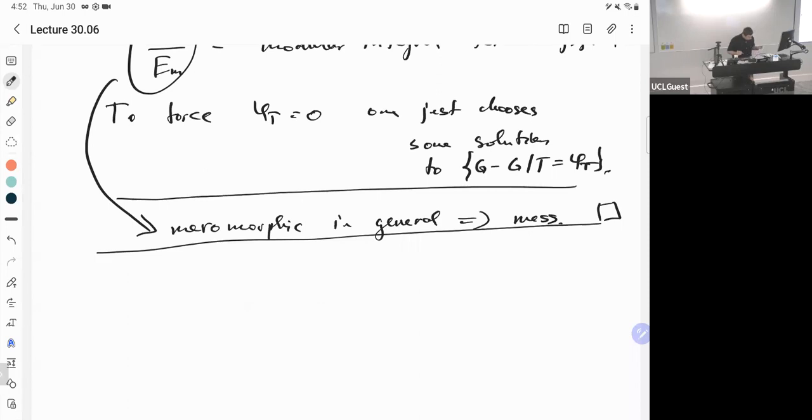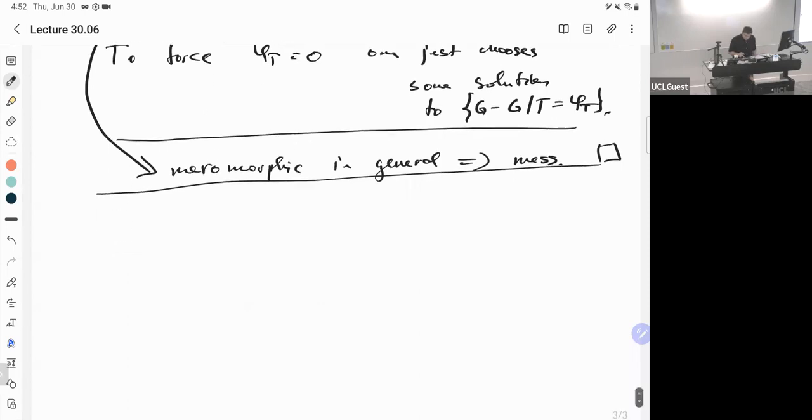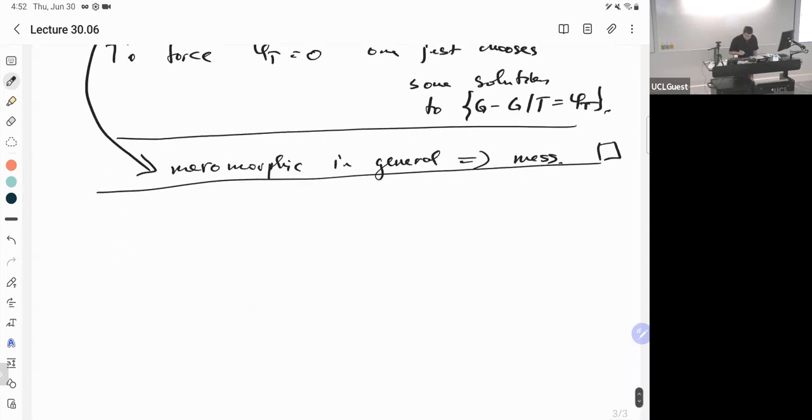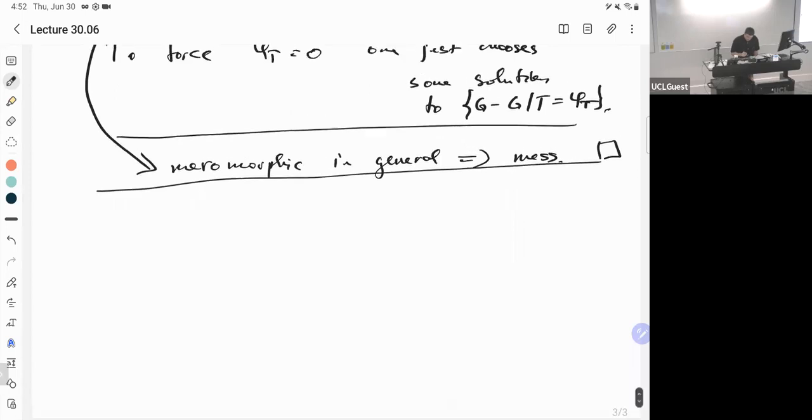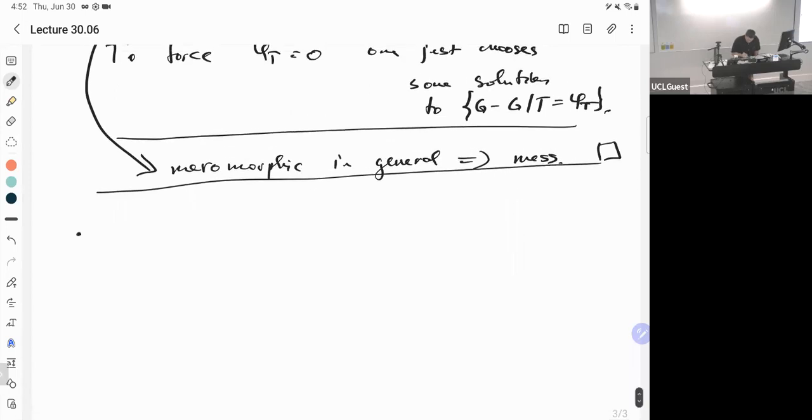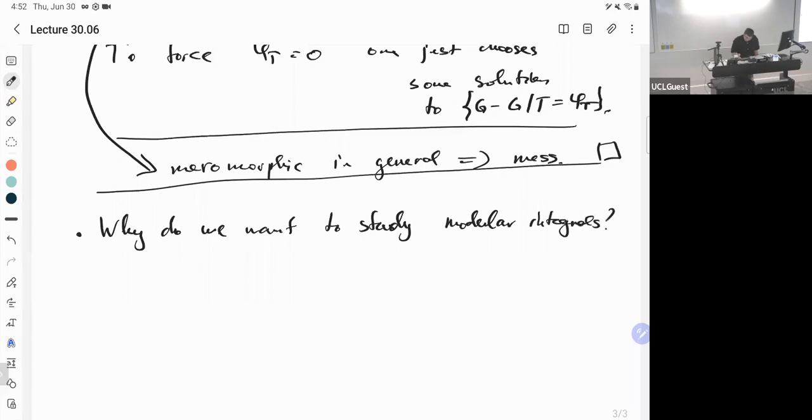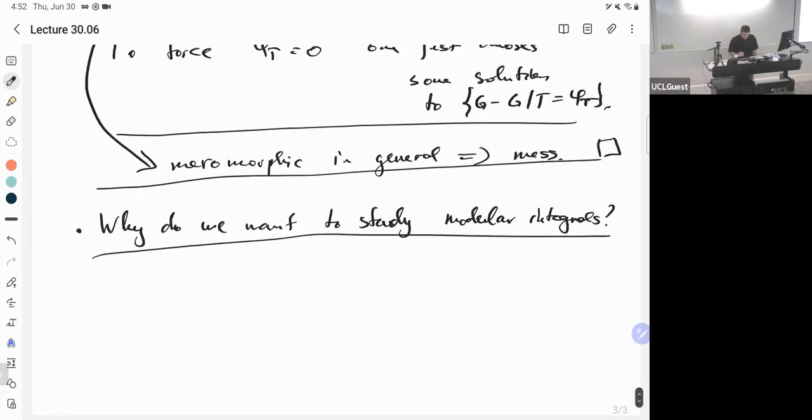And so now let's come to a more important question. Why do we actually care about these things? Why do we want to study these objects, modular integrals, I mean? There are two reasons.